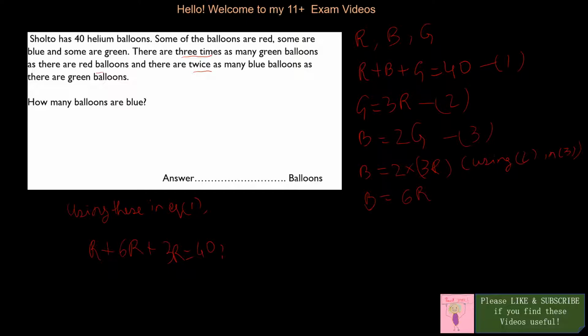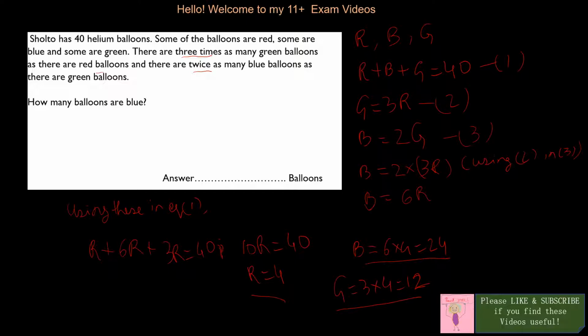So 6 plus 3 is 9, and 1 is 10R equals 40. So R is 4. If R is 4, then blue equals 6 times 4, which is 24, and green is 3 times 4, which equals 12. So 24 plus 4 is 28, plus 12 is 40.